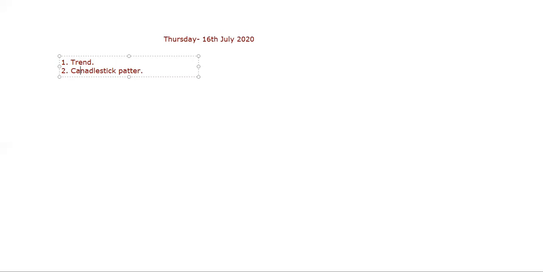But in candlestick patterns, we have single candles also. With the help of a single candle, you can say this is a candlestick pattern. So doji and hammer are all single candlestick patterns. So the first is trend, the second is candlestick pattern, and the third step is confirmation.